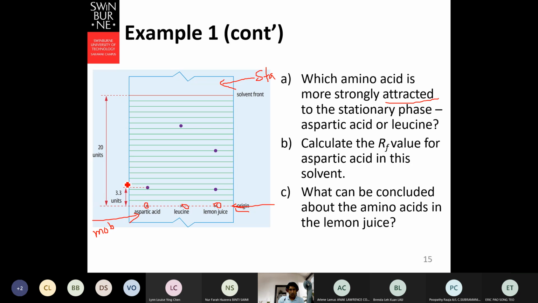So the mobile phase is mobile, going upwards, and it is bringing with it the aspartic acid, leucine, and lemon juice. All of it is being brought up. Once it goes to this position, we get one spot here. First spot we get, and we also get a first spot for the aspartic acid.